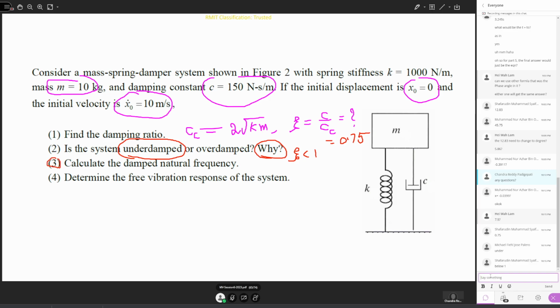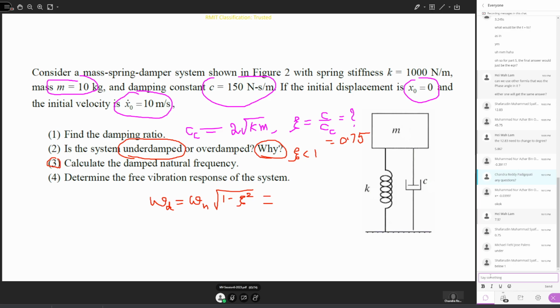For part 3, you can write the damped natural frequency omega d is equal to omega n into square root of 1 minus eta square. So you can calculate the damped natural frequency.